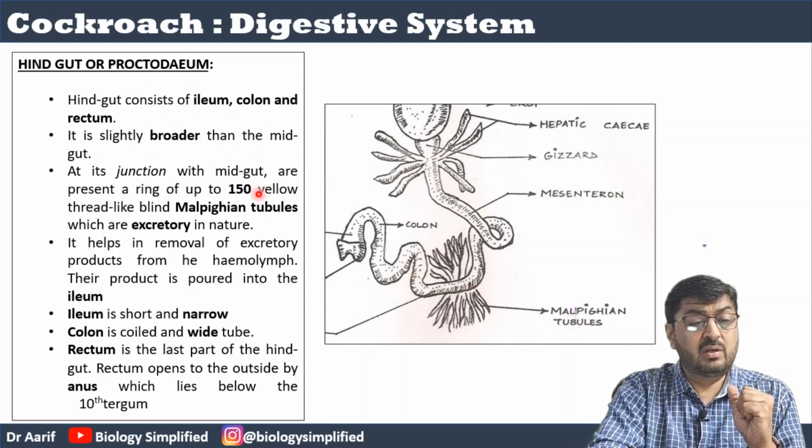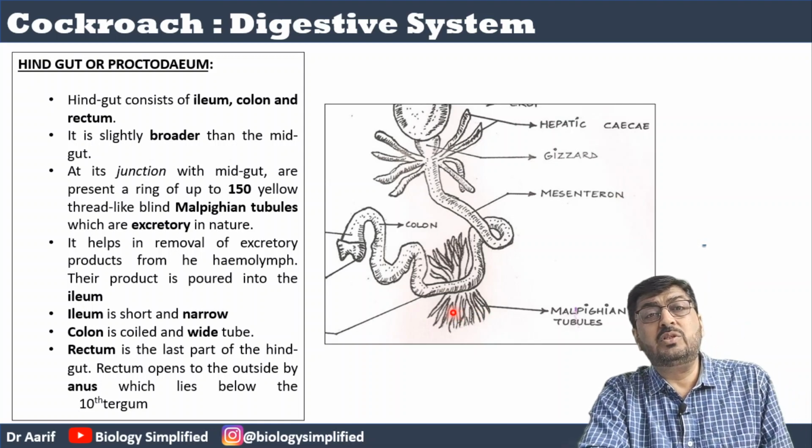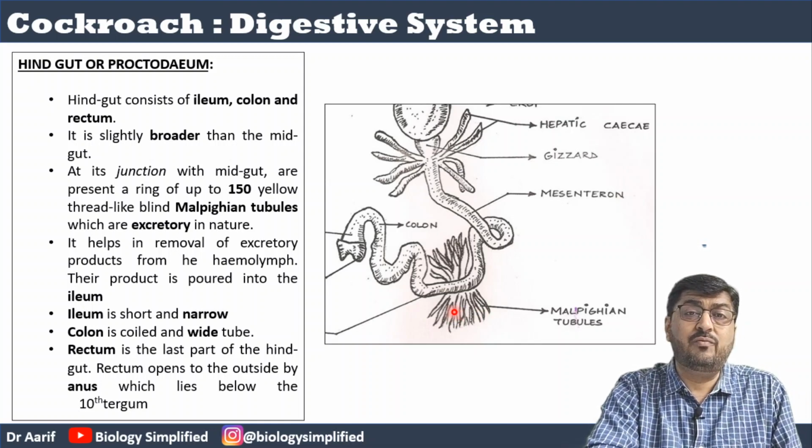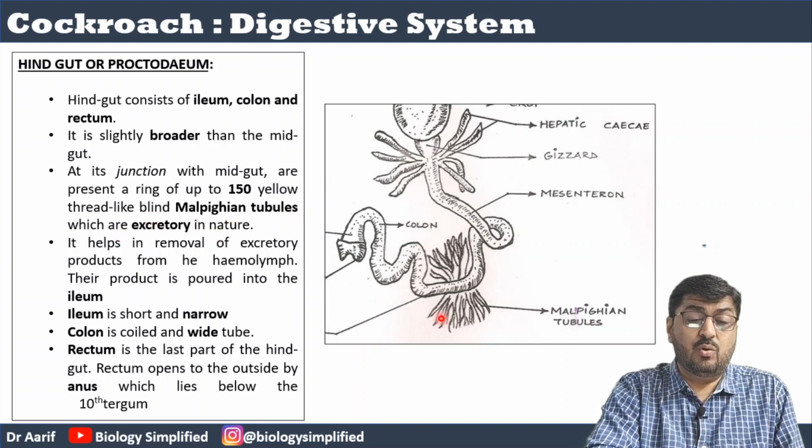Slightly broader than the midgut. At the junction of midgut and hindgut, you will have Malpighian tubules. We already know that Malpighian tubules are the organs of excretion for the cockroach. Yes, so 150 yellow thread-like blind Malpighian tubules which are excretory in nature, right? So what will happen?